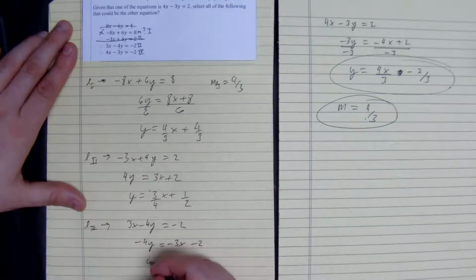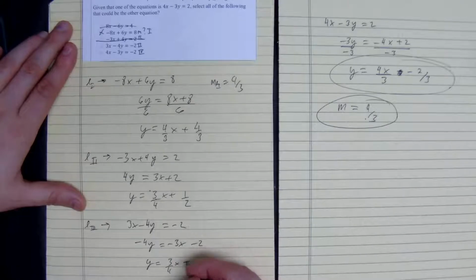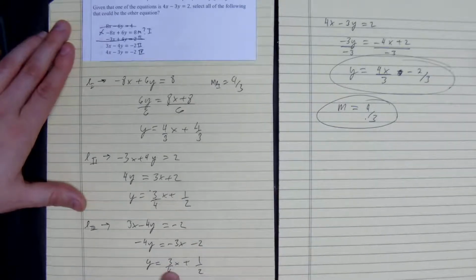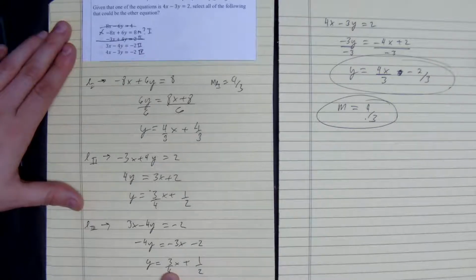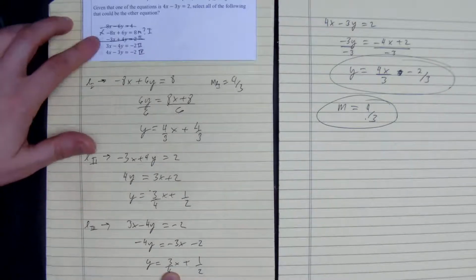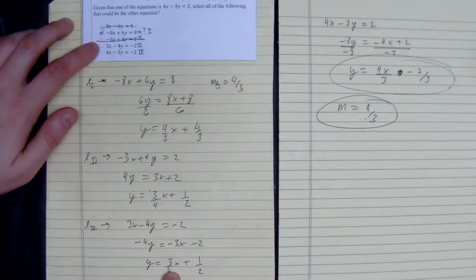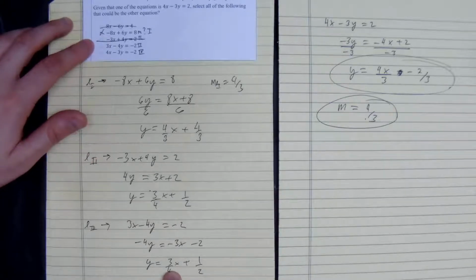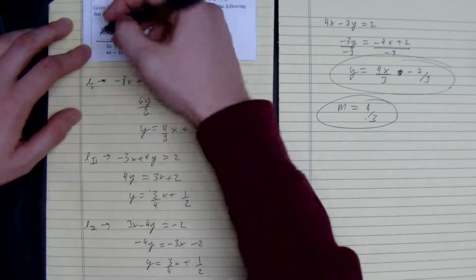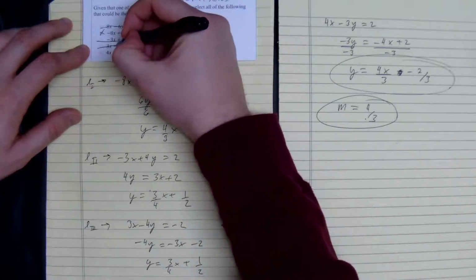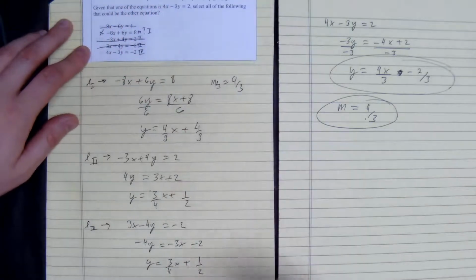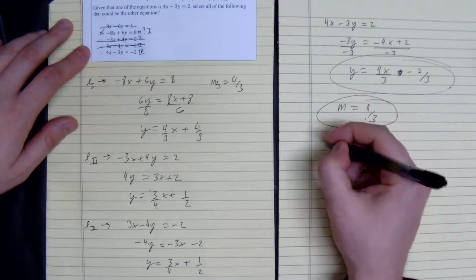Divided by negative 4, we get y equals 3/4 x plus, divided by 4, which becomes 1/2. Again, that's a 3/4 slope. I should have noticed it because it's basically the same line, just with the signs swapped. That doesn't work. And let's just do the other line right here, line 4.